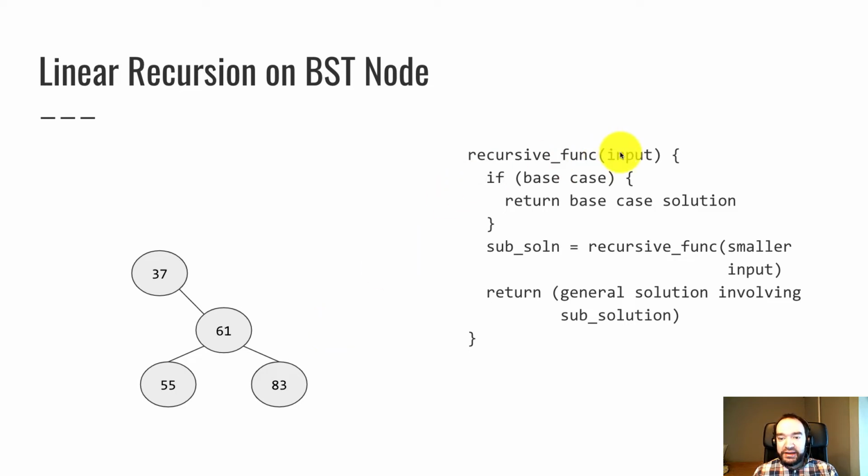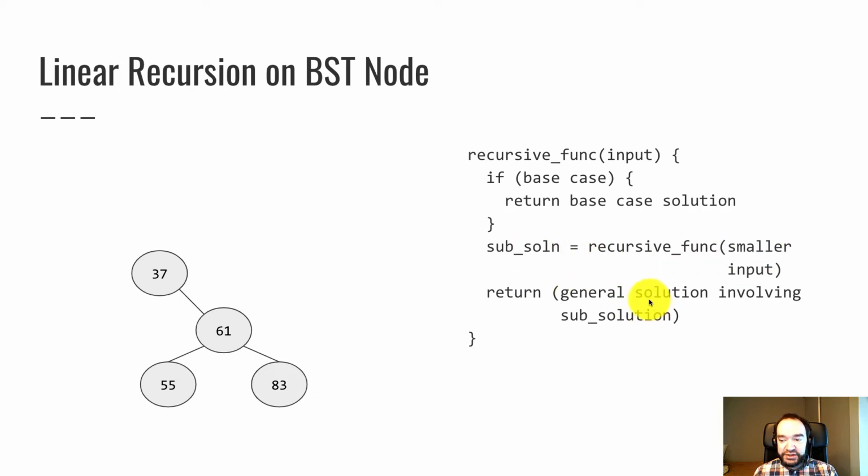Filling in some blanks here, a recursive function that does linear recursion on a binary search tree node would have the same kind of base case situation. If we're in a base case, we just immediately return a base case solution and do no recursion. But if we're in the general case, we call this function on a smaller input of some kind, and the same thing applies.